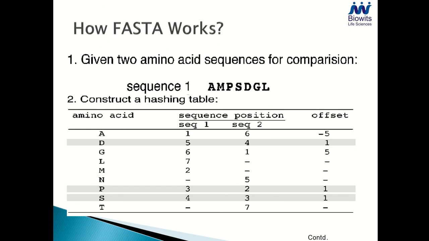So how FASTA works? So let's say, for example, given two amino acid sequences for comparison, so makikita natin yung sequence 1 natin is AMPSDGL. So we will construct a hashing table. Ito na po yung nakikita natin. We have the amino acid. Okay?